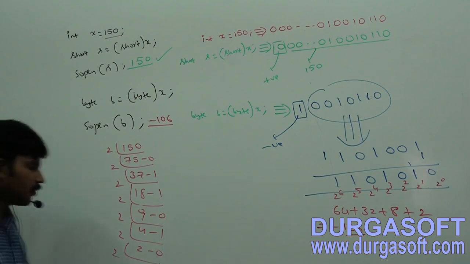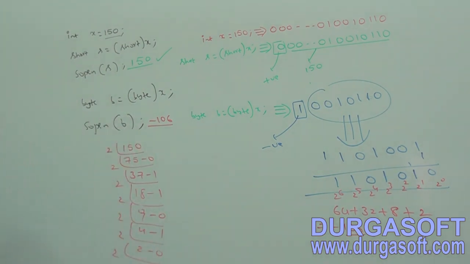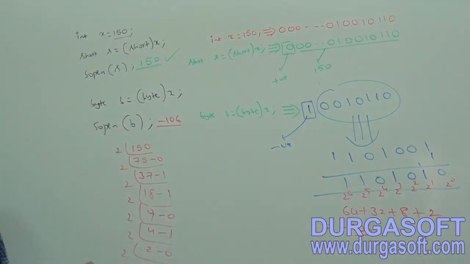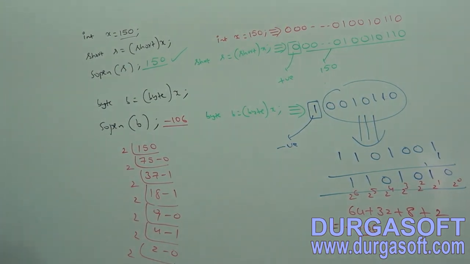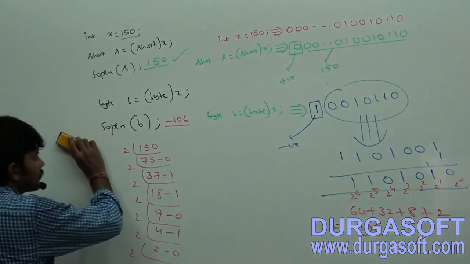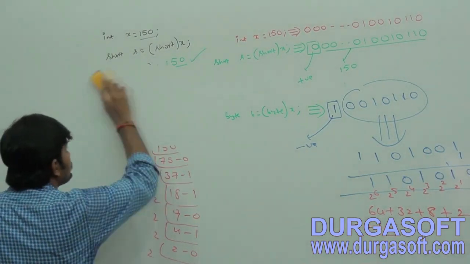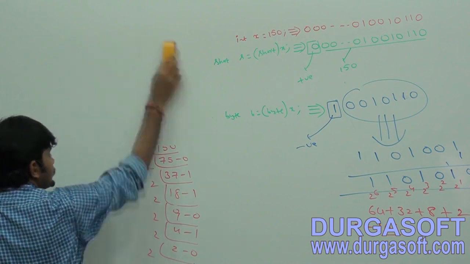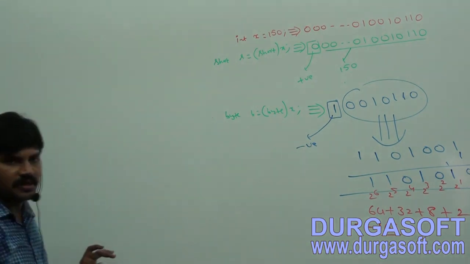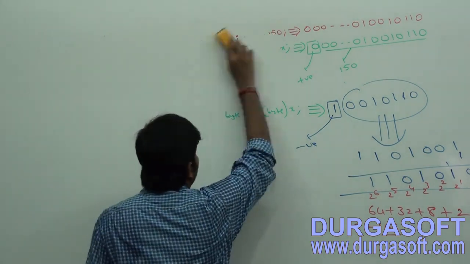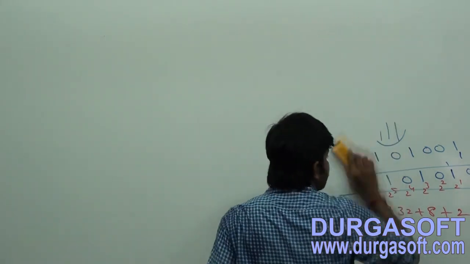Next, one more example. Is it clear, right? Next one. Completed? Next example, example 3. From here also you will get some clarity.